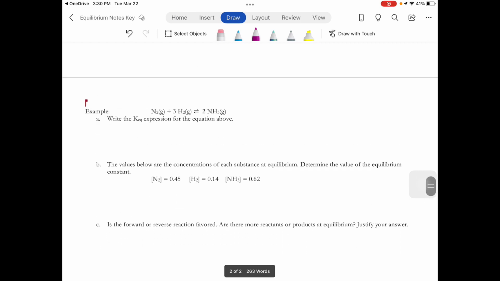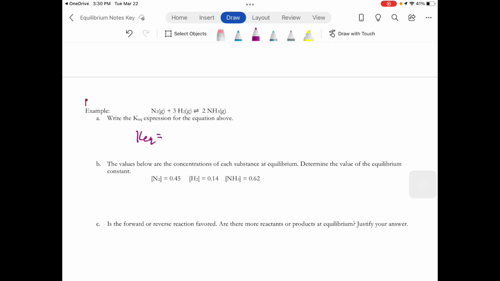Okay, one more example. We're going to write the KEQ expression for the reaction above. Our product goes on top, so NH3, make sure you have your subscripts and everything. That goes in brackets, and then the coefficient 2 becomes its power.